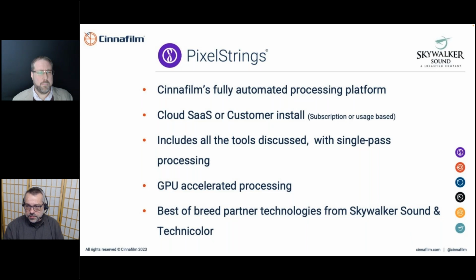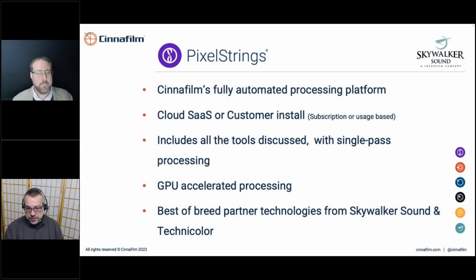And really, as I said, the product we want to talk about today is PixelStrings. PixelStrings is a fully automated media processing platform. It's available in the cloud as software as a service, or it's available for customers to install on their own infrastructure on a subscription or a usage-based pricing model.